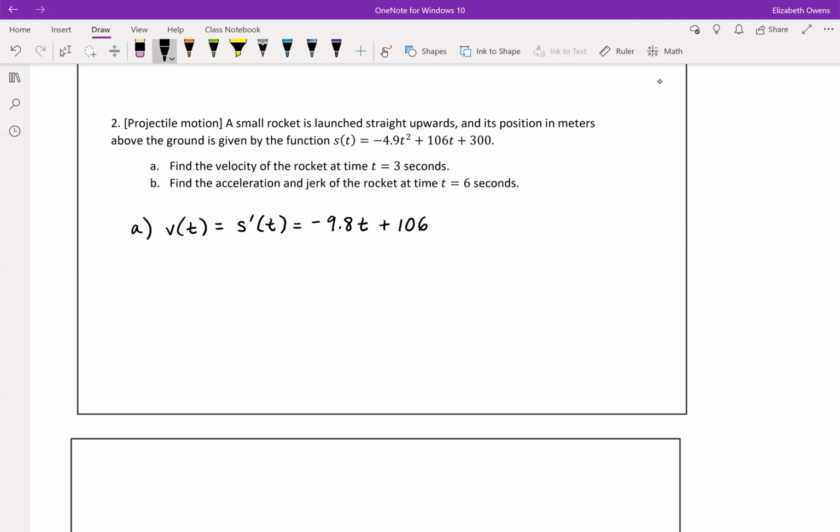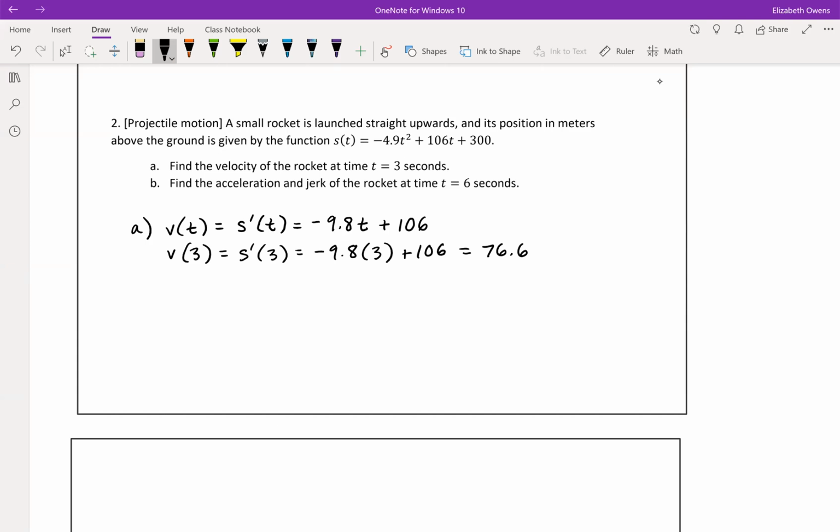To find the velocity 3 seconds into the run, we plug in t equals 3. So s prime of 3 would be negative 9.8 times 3 plus 106. When we crunch those numbers, that turns out to be 76.6. And what are our units?